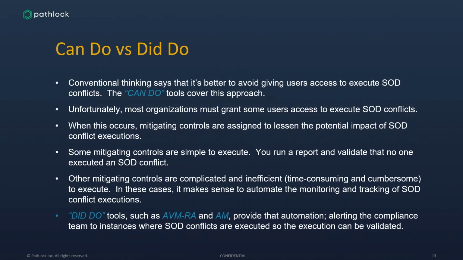They probably bring them into Excel and do a VLOOKUP or whatever, looking for cases on both reports that were executed by a single person. For a particular conflict, that may take 5 to 10 minutes once a month. That's pretty simple. You run a report, validate it, and make sure nobody executed an SOD conflict.